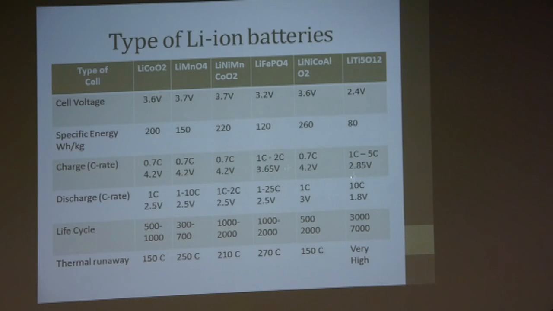So how much energy can you get into a weight? And then you see that these are around sort of 200, 220. Well, the lithium iron phosphate is only 120. So from the specific energy, these lithium iron phosphate are not as good as the other ones.